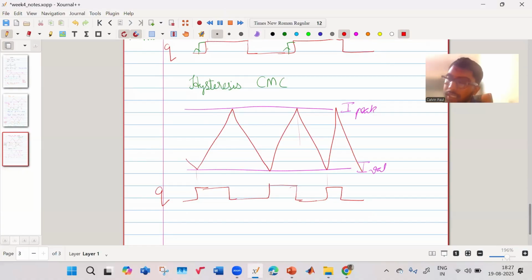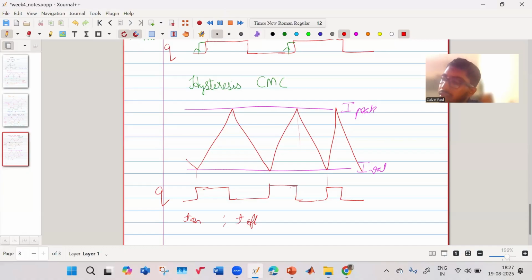There is nothing fixed. Your on time varies, your off time also varies. In the previous techniques, either the switching frequency was fixed, or the T on time was fixed, or the T off time was fixed. But in hysteresis current mode control, none of them is fixed.